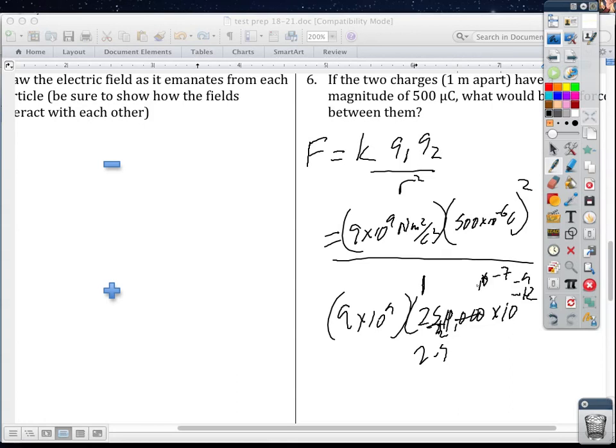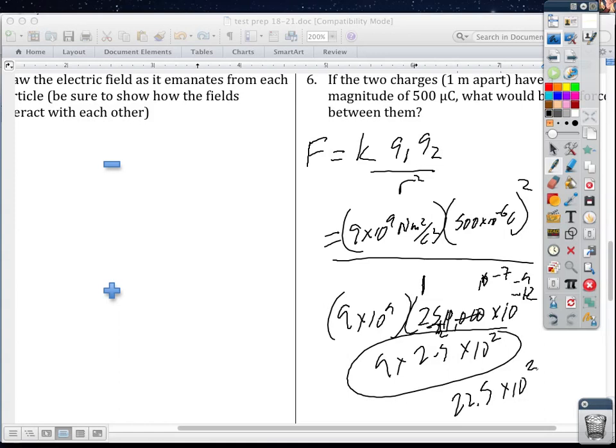And then this knocks out that, so I get 9 times 2.5 times 10 to the 2. So is it 2,250? I got something really big. Could be wrong.